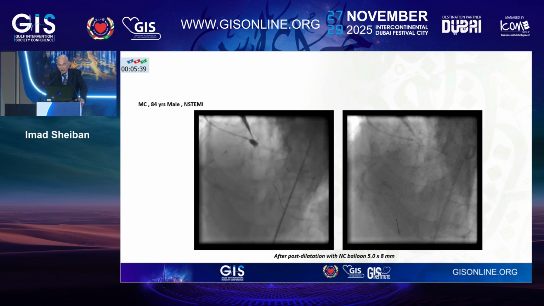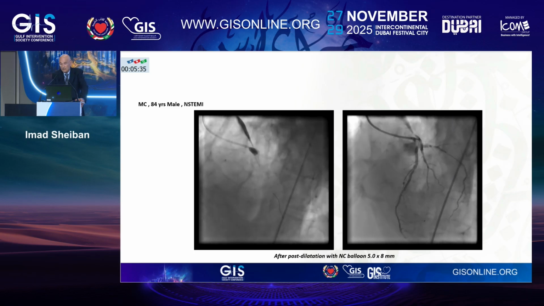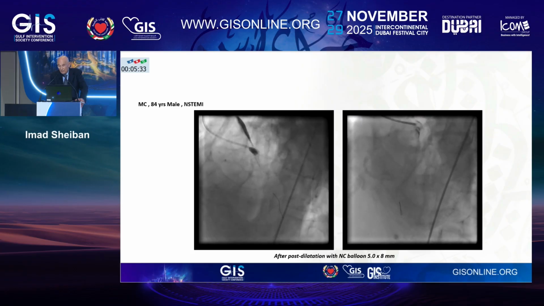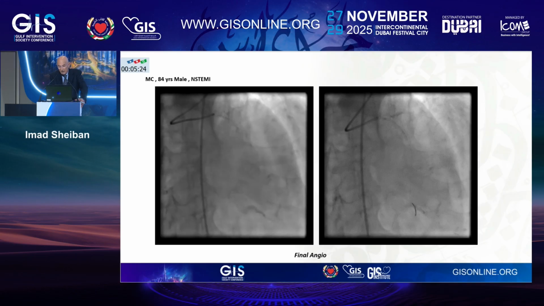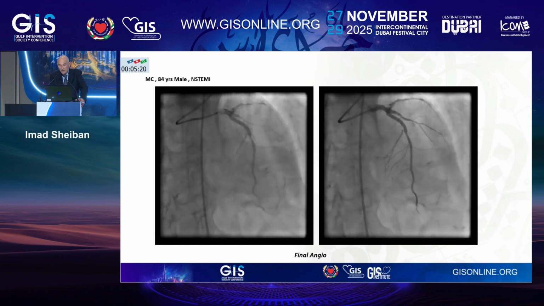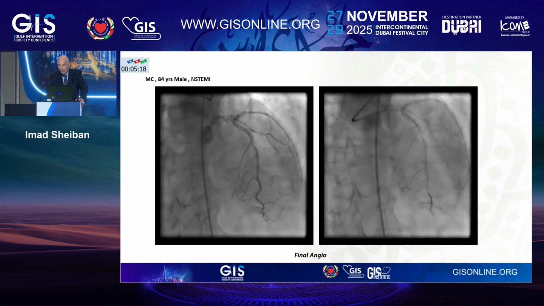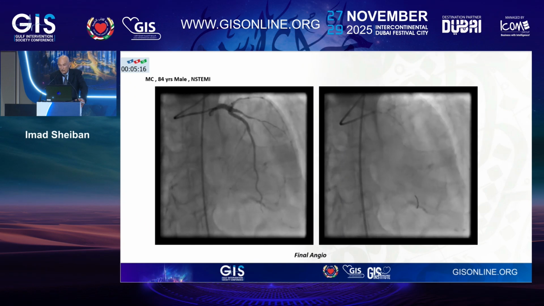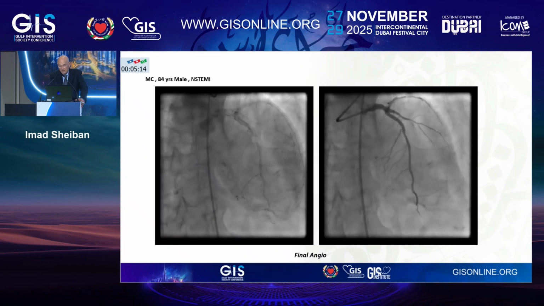This was the final result. You can see everything was in place. Still some dissection beyond the stent, but not that much. And after post-dilatation of the stent with a bigger balloon, we fixed also that segment of dissection.